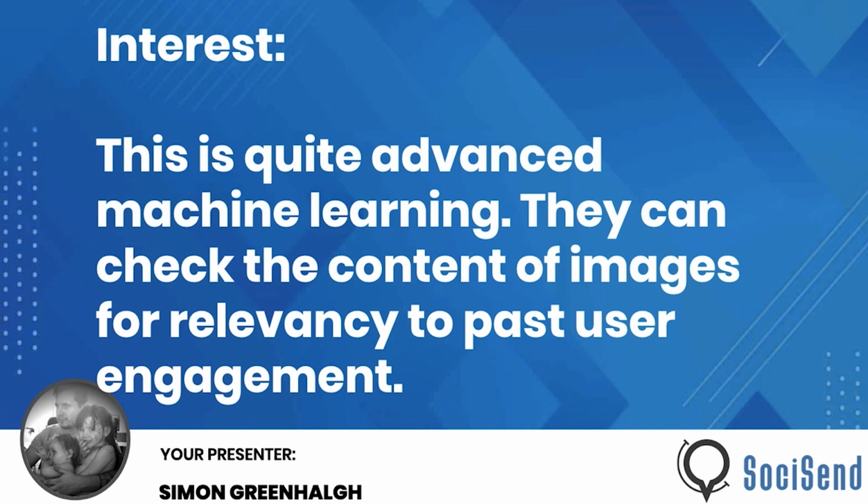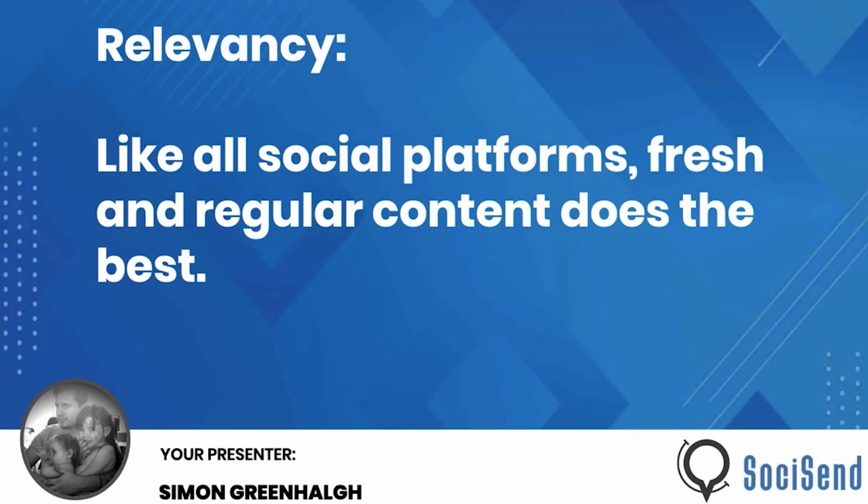So if I've been engaging with pictures of dogs, for example, but none of those posts had hashtags that let you know it was a dog, or maybe even wasn't from a dog-related account, if another image of a dog is posted, there's more chance that I'm going to see that, because the machine learning algorithm that Instagram have can actually analyze the content of the image, which is quite amazing when you think about it. Relevancy, like all social media platforms, fresh and regular content does the best.